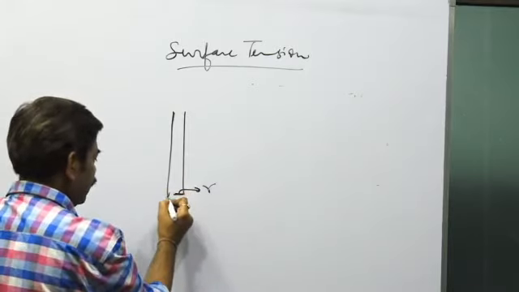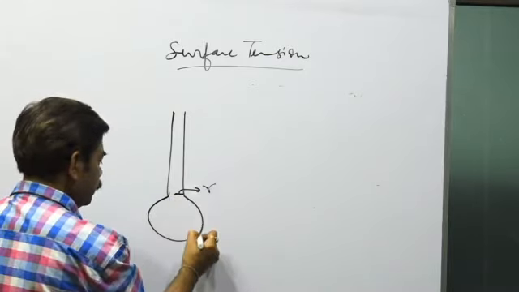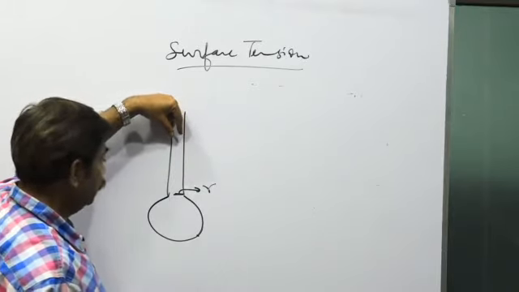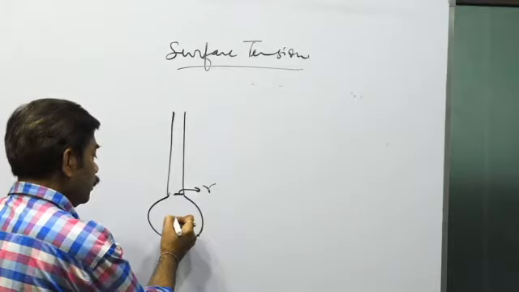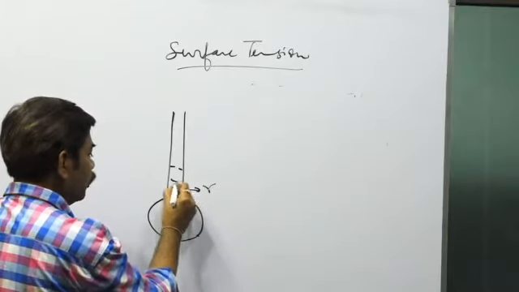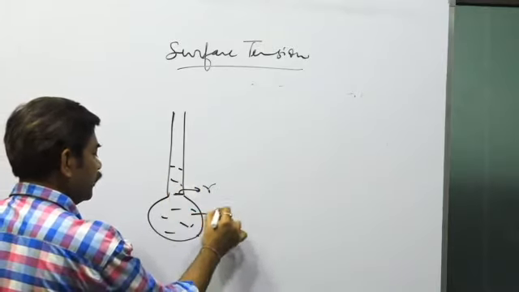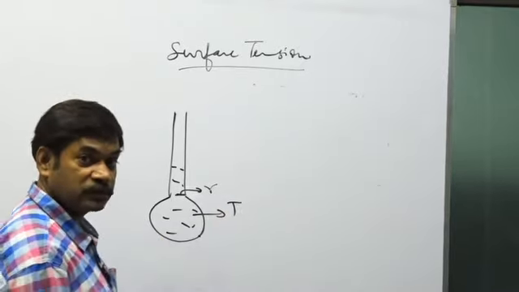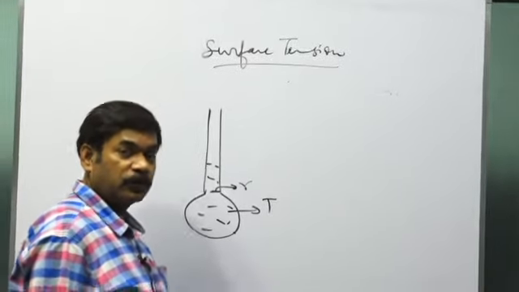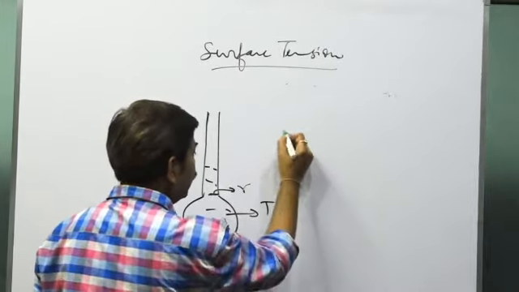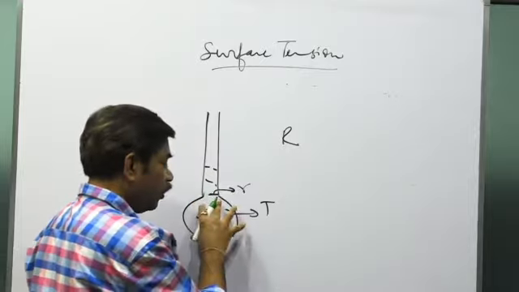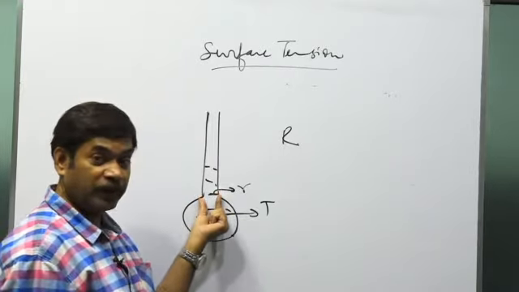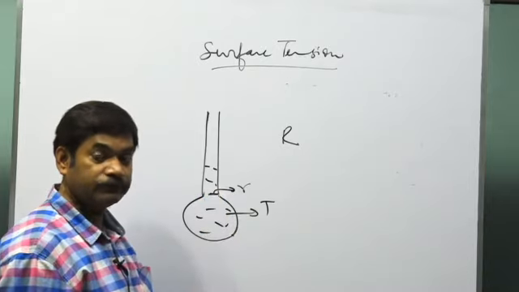Inside this we have a liquid drop which is going to fall through the dropper, and the surface tension of this liquid is T. Now the question is: what will become the radius capital R of the liquid drop when it loses contact from the dropper, that is, when it falls down?